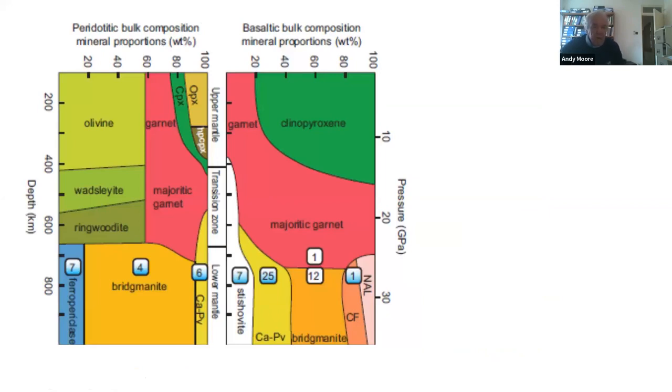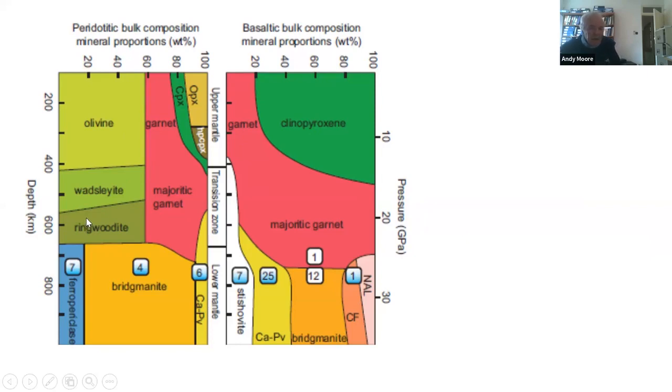Now, these two graphs show what happens with compositions of, on the left, peridotitic, on the right, eclogitic or basaltic composition with increasing depth in the mantle. So, for example, with increasing depth, olivine will revert to wadleyite and then to ringwoodite.